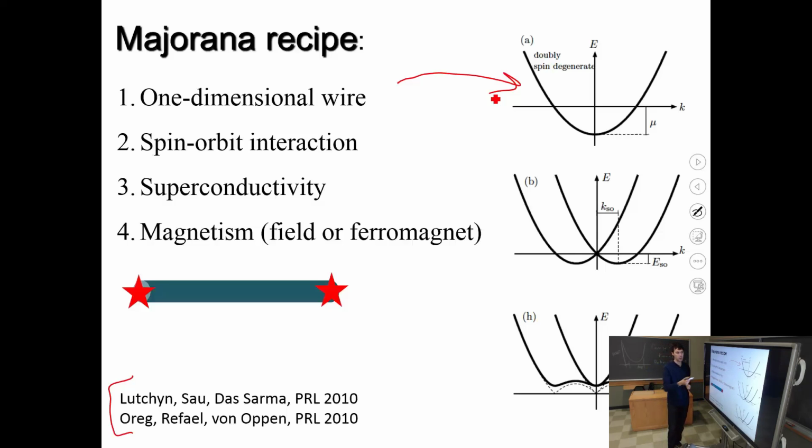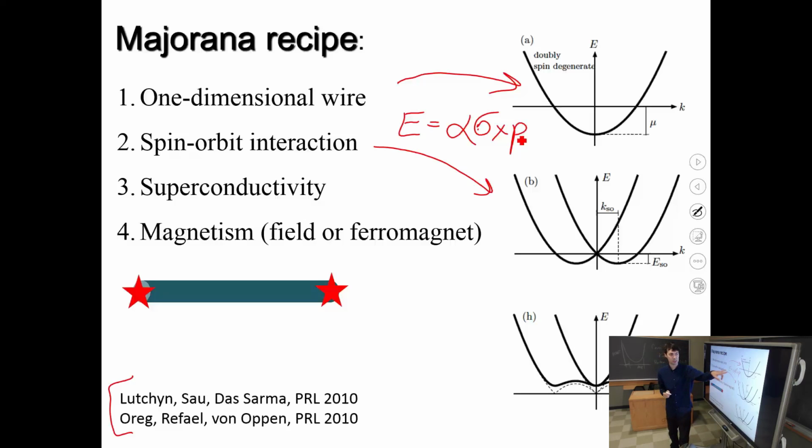Now a slightly more exotic ingredient is spin-orbit interaction. Spin-orbit interaction, however, is also a very simple thing. In a Hamiltonian, it will be a term that is proportional to some material-specific parameter, then spin cross momentum.